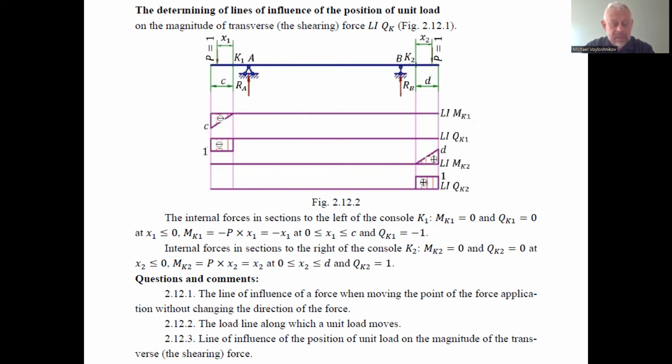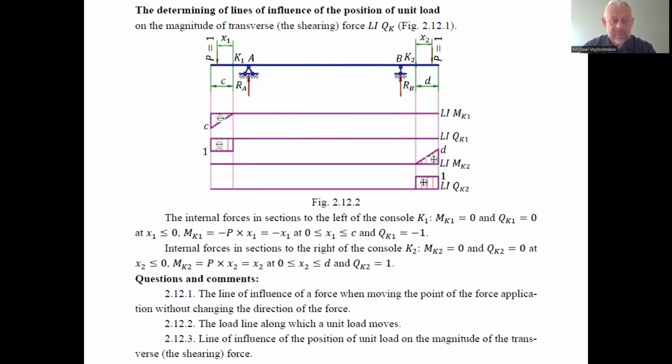Next question: the line of influence of the position of a unit load on the magnitude of the transverse shearing force. We can do that considering the lines of influence of the moving load on the support reactions, because we cut off the other part and consider only the part where the definite support reaction acts, for which we got the line of influence before.